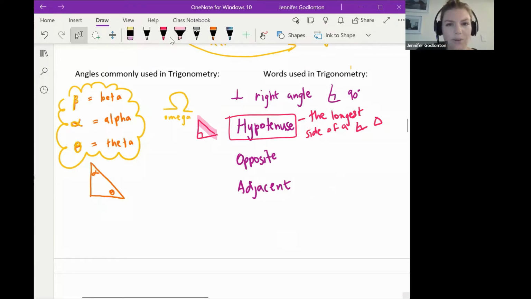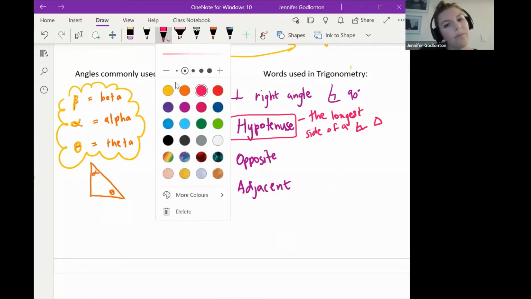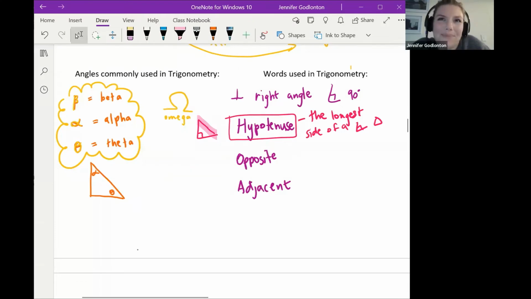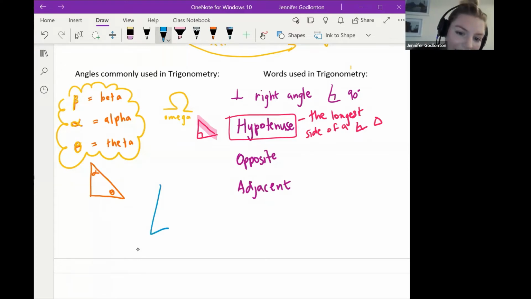Mohau, do you have a question or were you going to answer something? Ma'am, I was wondering, isn't the right angle triangle the only one with a long side? No. So for example, let me draw an obtuse triangle.